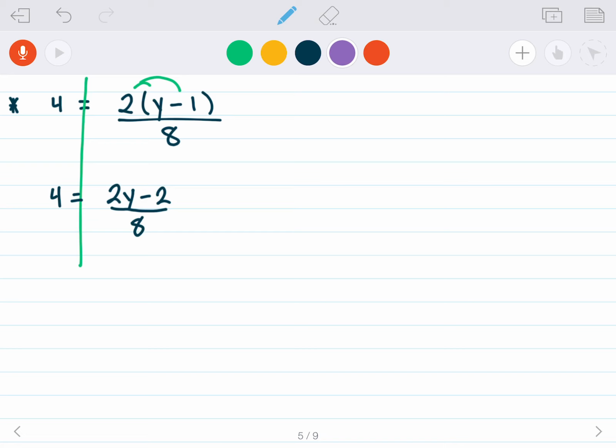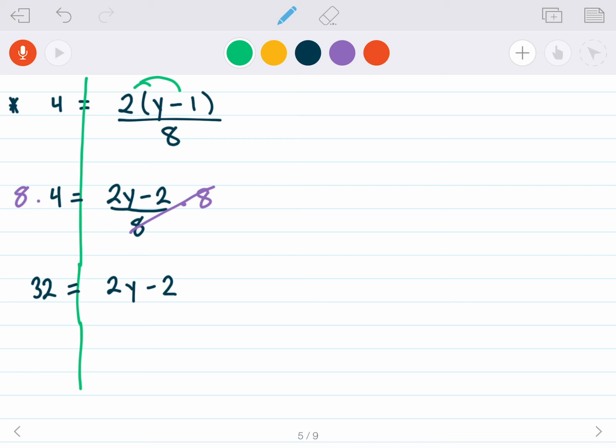Now, I want to get rid of the division by 8, so I can multiply both sides by 8 to clear that, okay? On the left side, 8 times 4 is going to give me 32. On the right side, I have 2y minus 2. What I can do from here on the right side, again, the goal hasn't changed at all for solving equations. We're trying to get that variable alone, but we have to use the rules of the game correctly to do that, right?